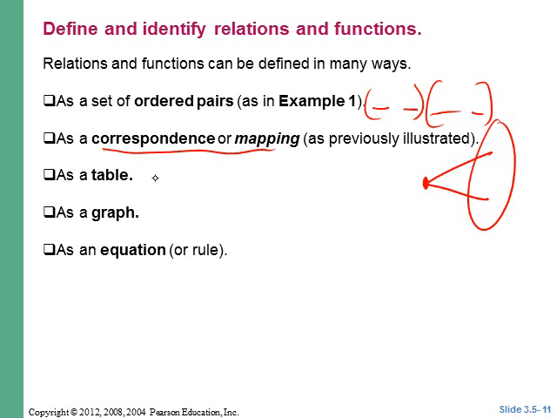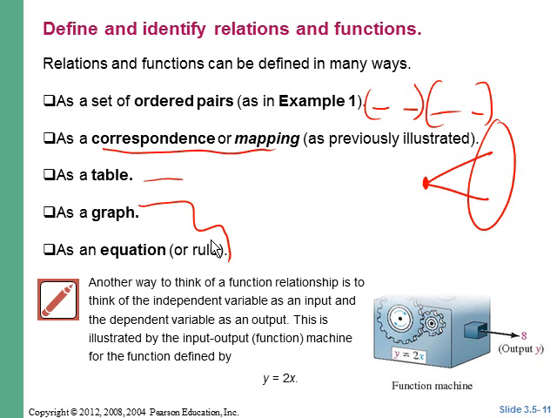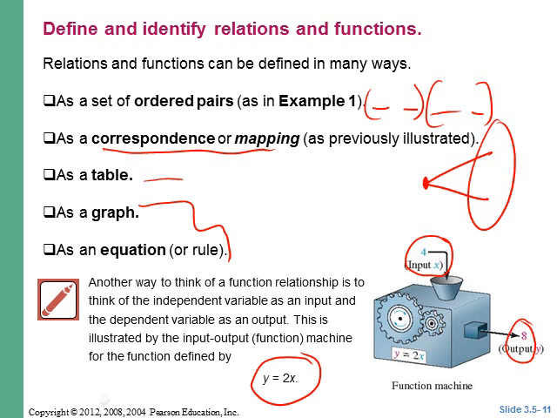You can do it as a table, and we're now going to see by a graph and an equation. Let's see how that works. So for every input, there is exactly one output. This would be a function because there's no way the question x can give you two different answers y.